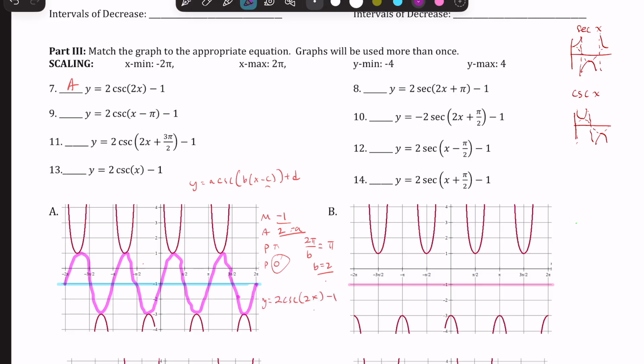Pretty. Now I want to look at a cosine graph. Because I'm looking for secant, I can look at this, or I can look here.